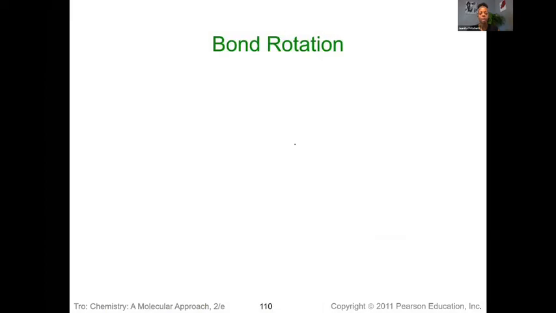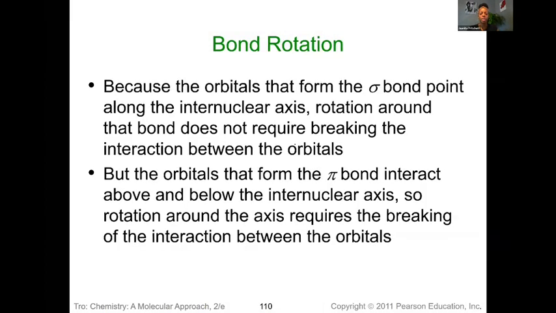Okay. Now, the addition of these pi bonds to a molecule is going to restrict the ability of a molecule to rotate, okay? If you just have that one singular connecting point through a sigma bond, you would see free rotation that can occur. But if you have a secondary interaction here, well, now that restricts the rotation that can happen around that axis, okay?